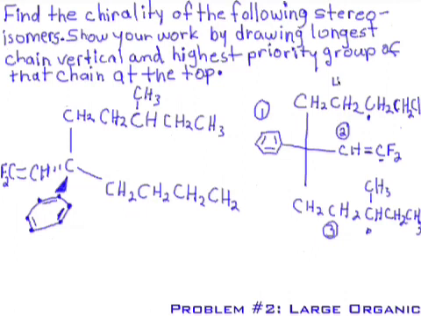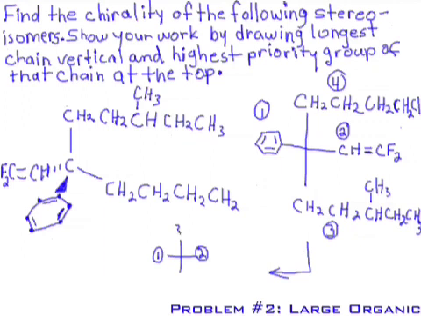So it turns out now group 4, the lowest priority group, is actually the long chain with the chlorine. All right. In order to determine the chirality, I'm going to have to draw a Fischer projection where I put group number 4 to the bottom. Now because I can't draw this, I am going to just use the numbers. 1 stays where it is, 2 stays where it is.